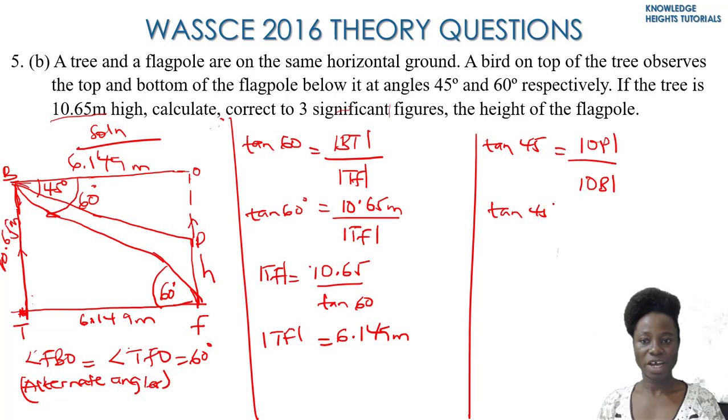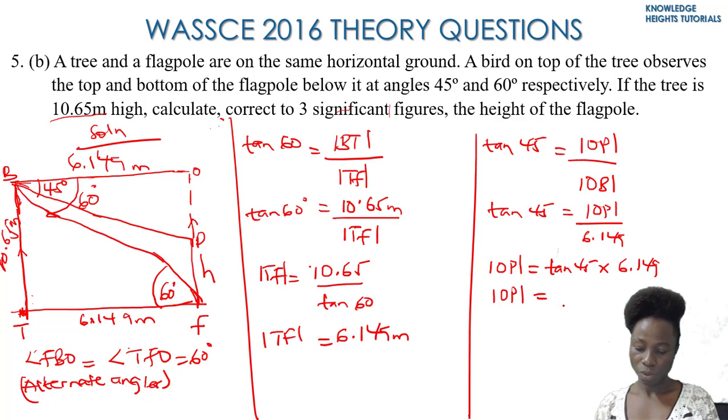So tan 45 is equal to line OP over the OB, which is what? 6.149. So to find line OP, it will be equal to tan 45 times 6.149.